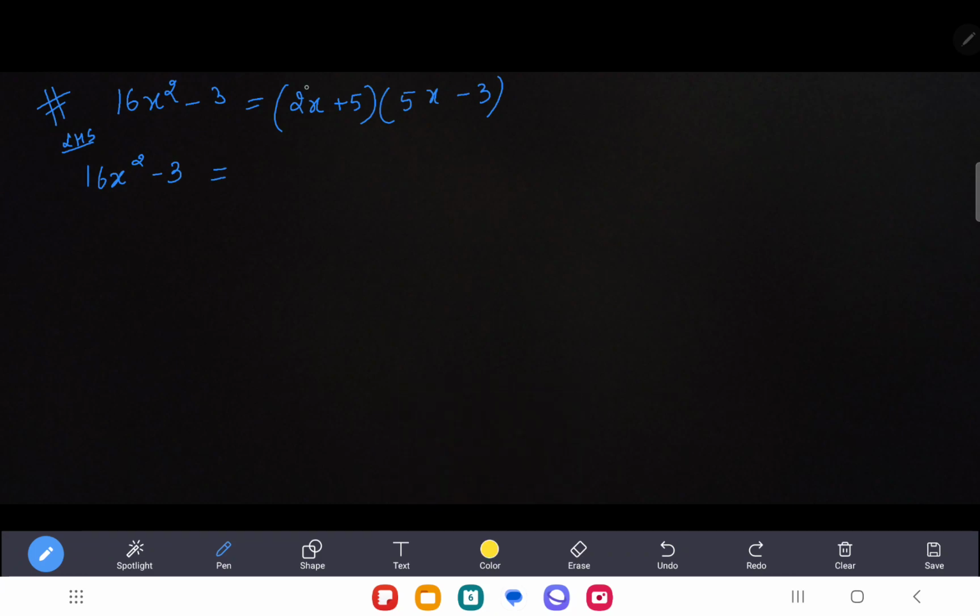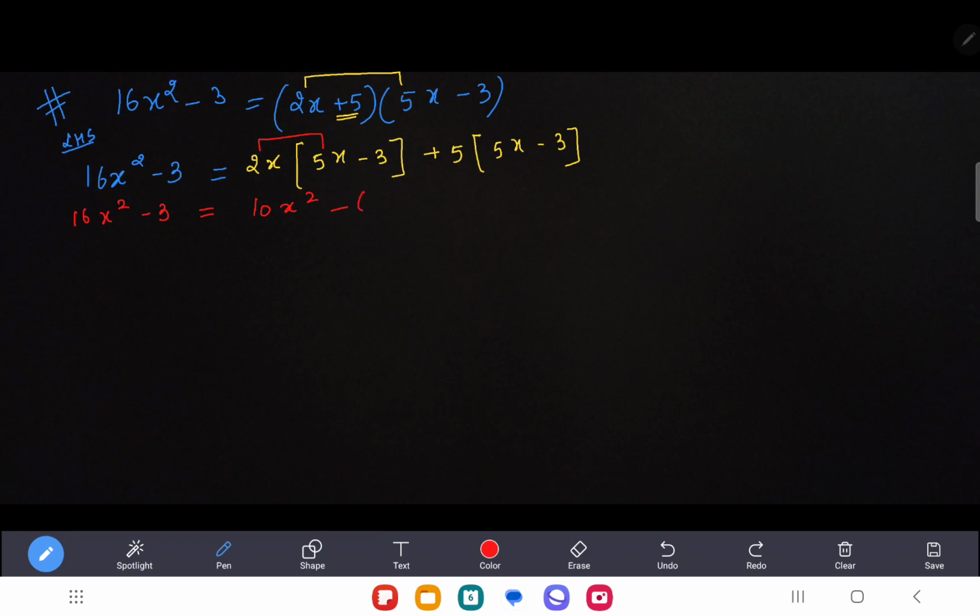So I will have 2x getting multiplied to the entire bracket, 5x minus 3, and plus 5 getting multiplied again to the entire bracket. So I will have 16x square minus 3 equals 2x times 5x, so 2 times 5, 10x square, minus 6x, plus 5 times 5 shall be 25x and 5 times 3 shall be minus 15.